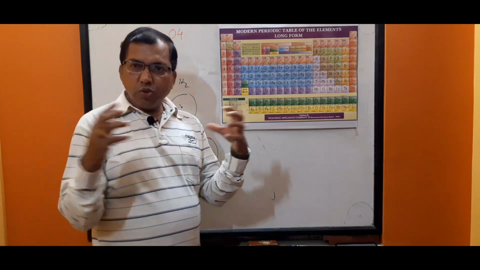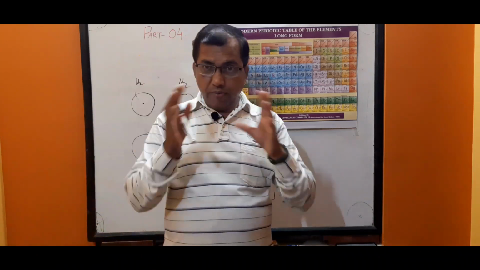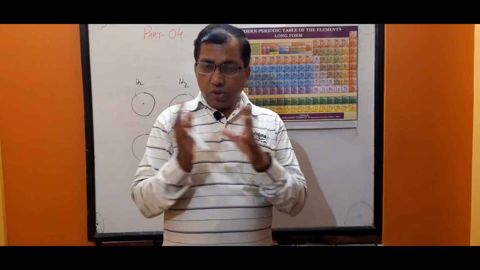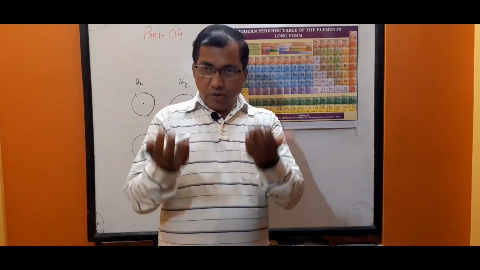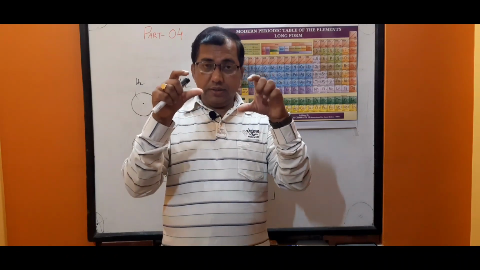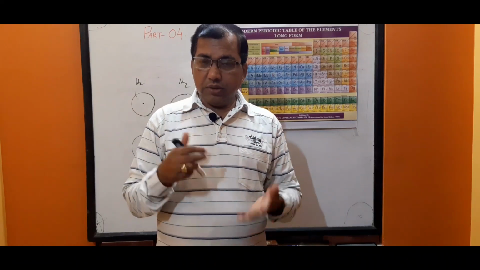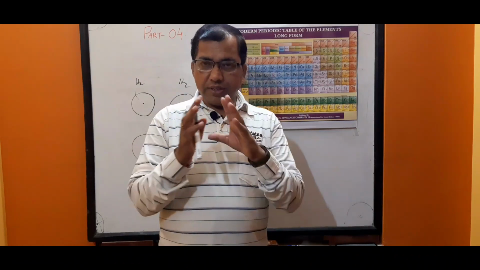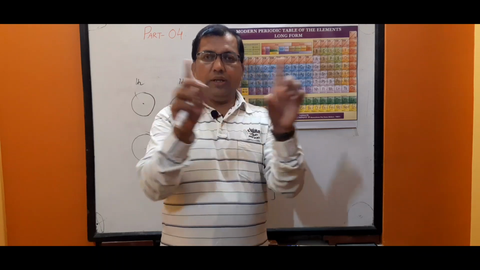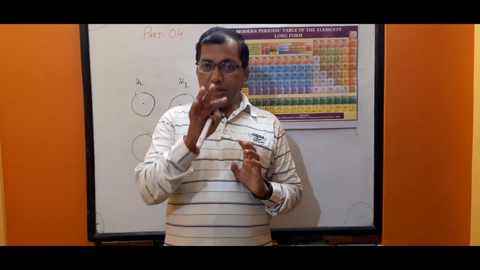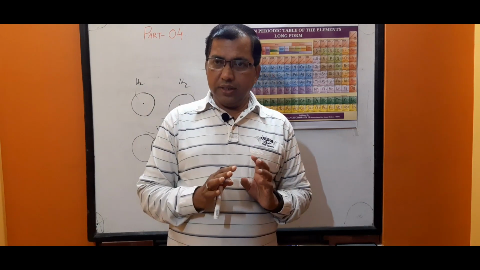To find the van der Waals radius of helium, it is the same thing: the distance between two helium atoms divided by 2. Clear? It has only van der Waals radius.